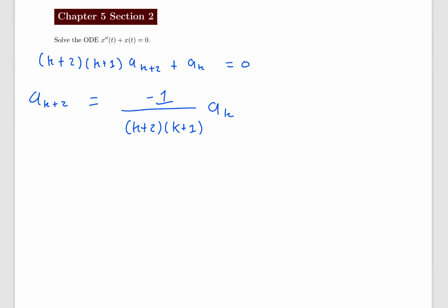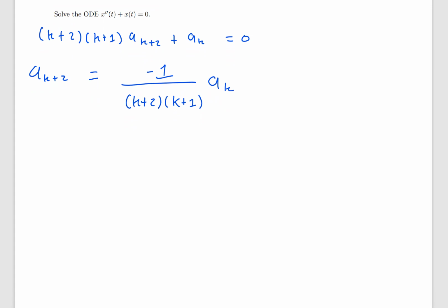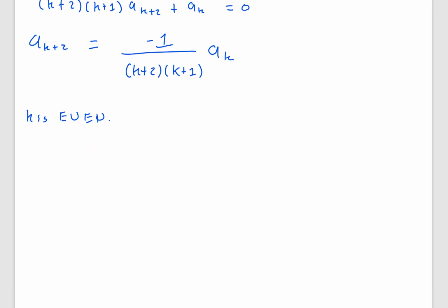So now we want to determine a formula for the a_k sequence, and we're going to break it up into two cases. One case is when k is even, and the other case is when k is odd. Given this formula, a_{k+2} is equal to -1 over (k+2)(k+1) times a_k. Now I want to write out what a_k is, again using this formula.